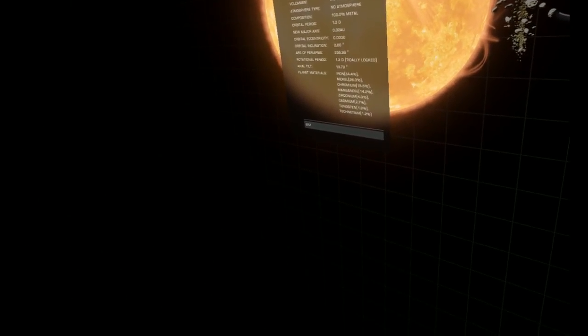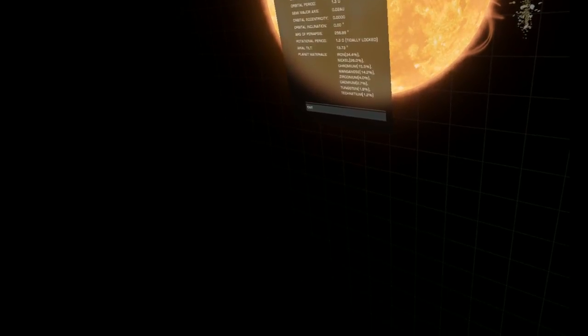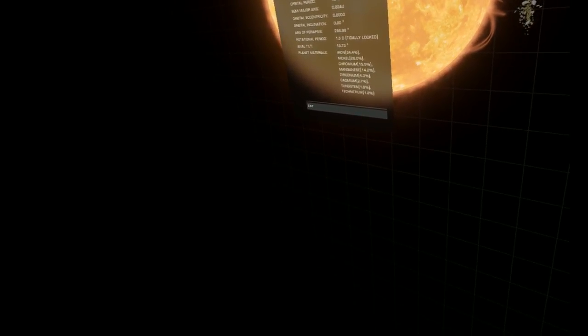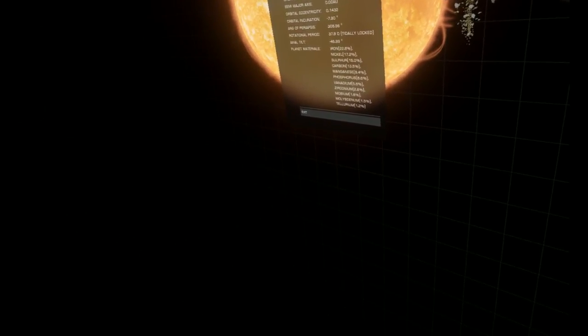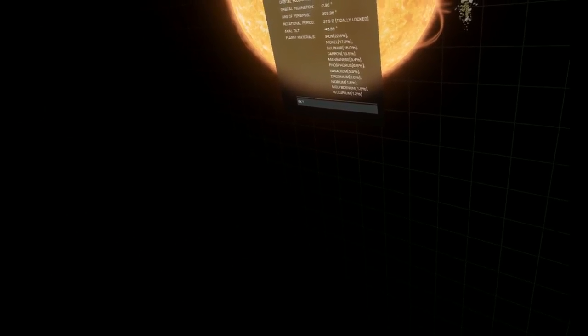Planet 1 has cadmium. Planet 2, vanadium and niobium.